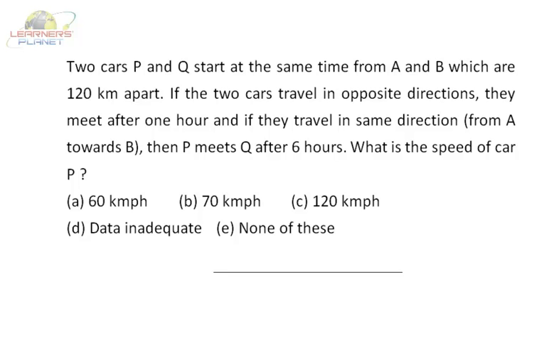Now friends, let's try this question. Two cars P and Q start at the same time from A and B, which are 120 km apart. Now, if the two cars travel in opposite directions, they meet after 1 hour.